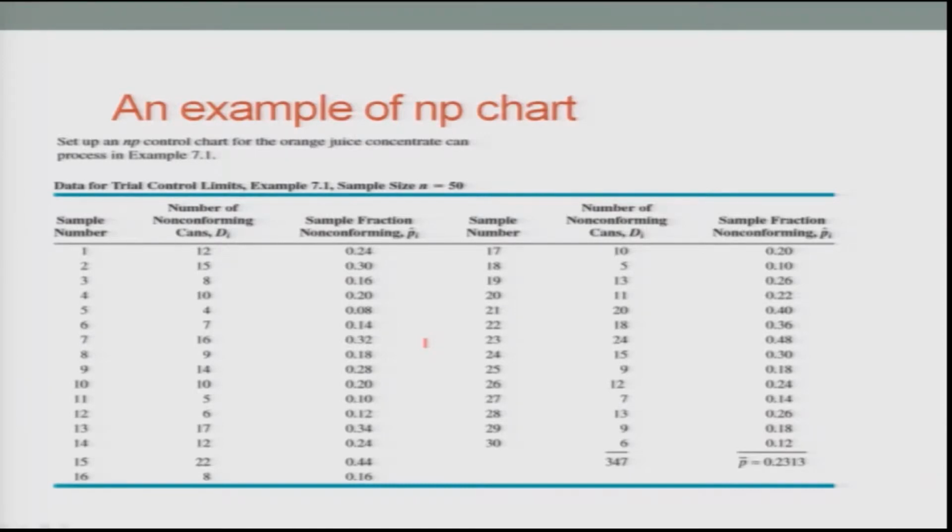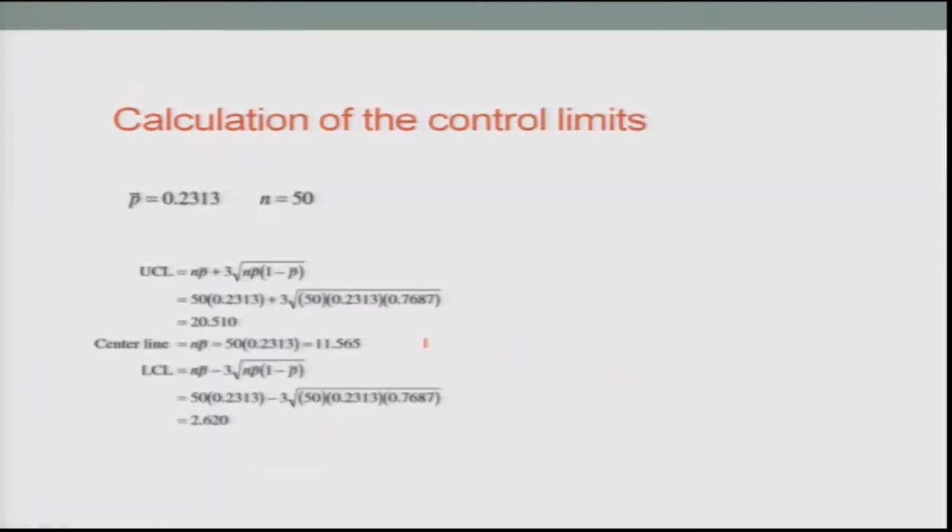And if I find out the sample fractions, obviously they would come out to be 0.20 to 0.12, and here the p bar value comes out to be 0.2313. Now n is 50, the sample size; you multiply both of them and find the central value, which comes out as shown here. I am just highlighting it.